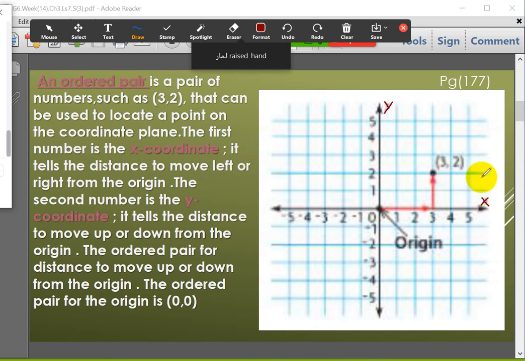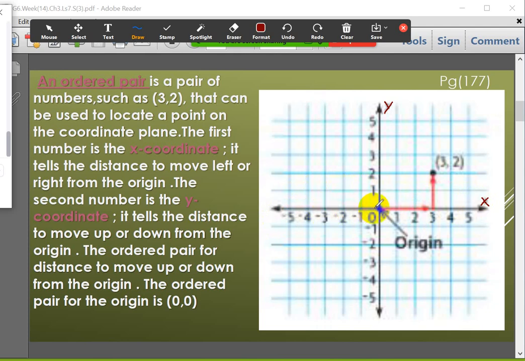So you know that we have the horizontal number line and the vertical number line. You remember when we want to locate any number on the number line, we have to count on the horizontal number line, to the right if the number is positive, to the left if the number is negative, and put the number on the number line, right?